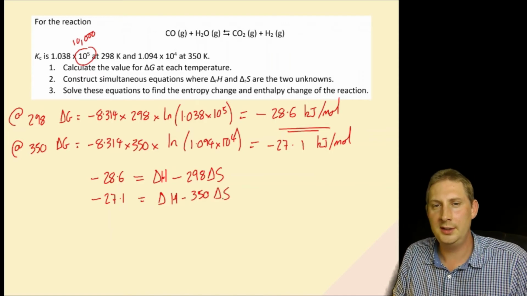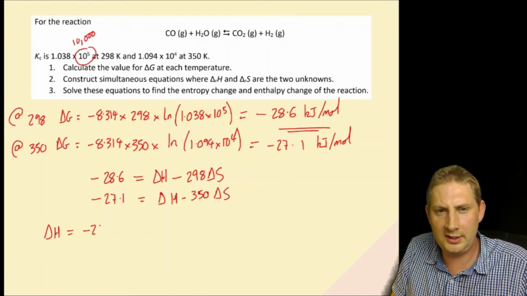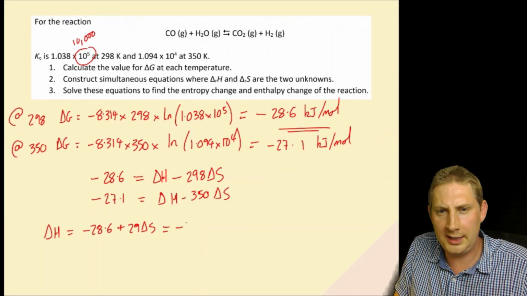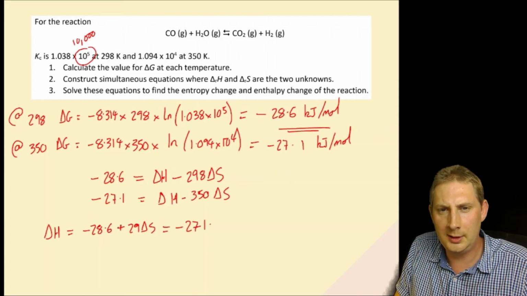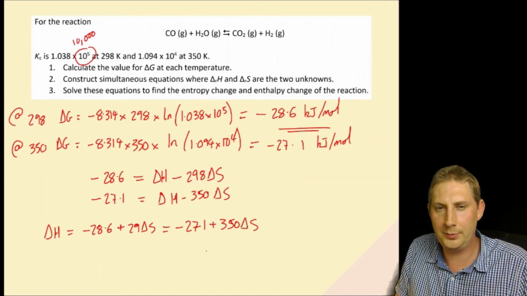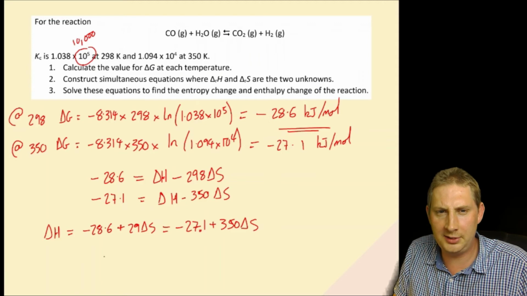Okay, so the easiest thing to do is equate them both to delta H. So delta H equals minus 28.6 plus 298 delta S, and that comes from the first equation, but it also equals minus 27.1 plus 350 delta S. So now we can group these onto the same sides.